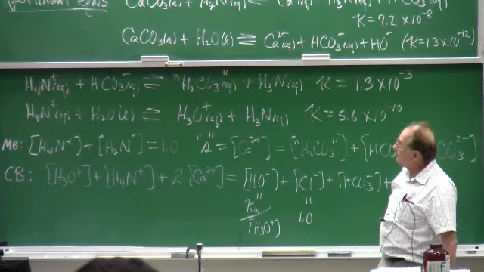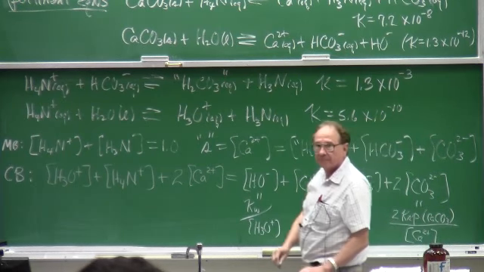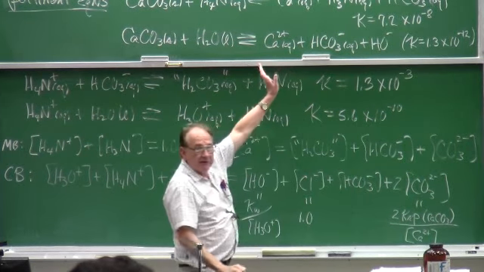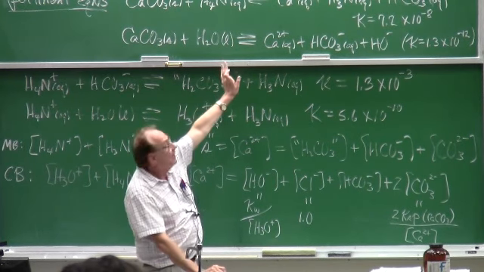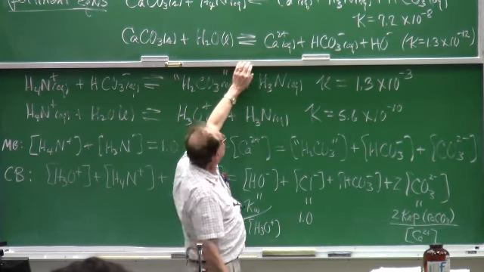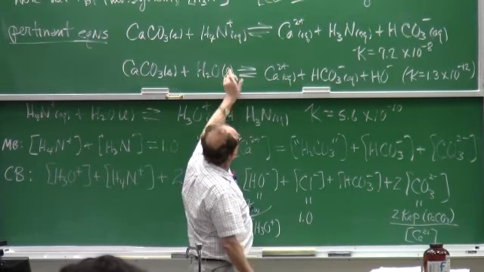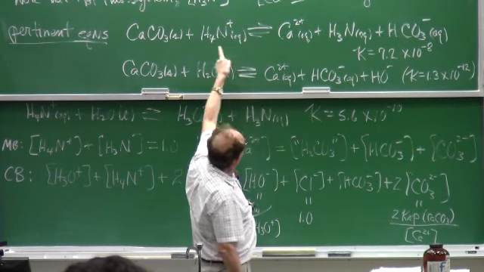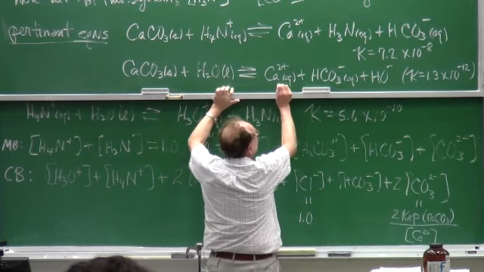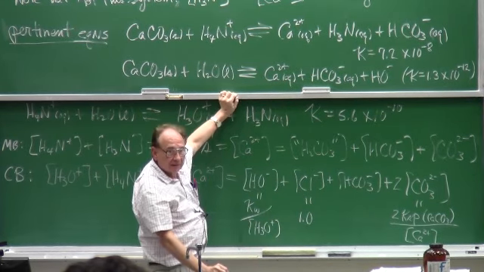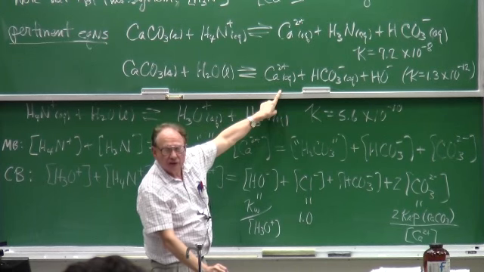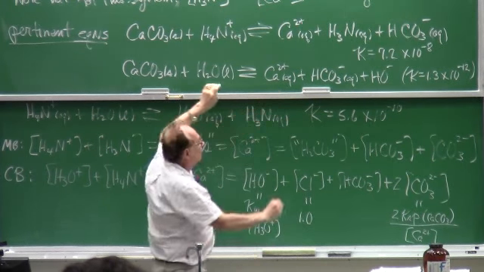Now what about the bicarb molarity? Is there any reaction in the system which is going to have an impact on bicarb concentration, besides this reaction? Well, we looked at this reaction. That'll contribute somewhat, but not much to the bicarb ion.